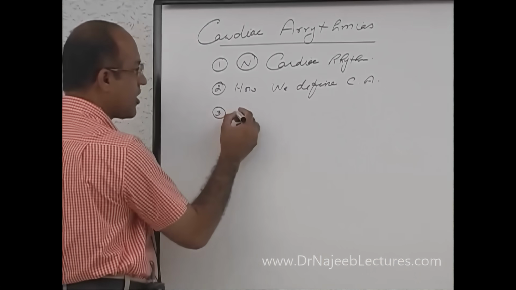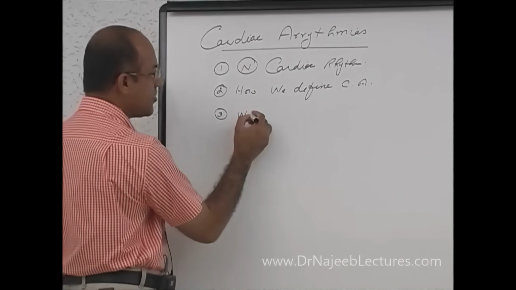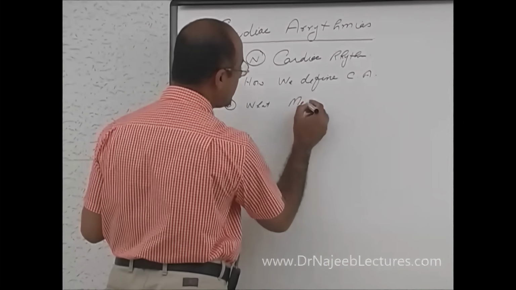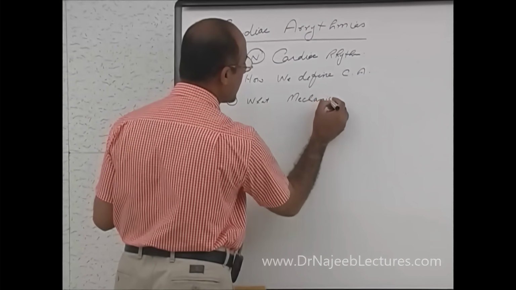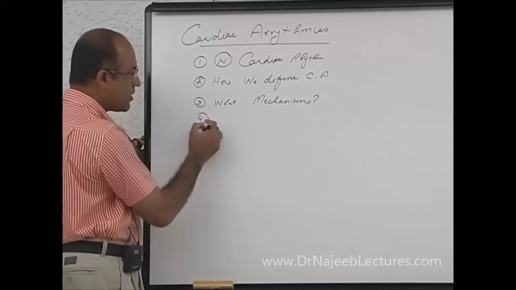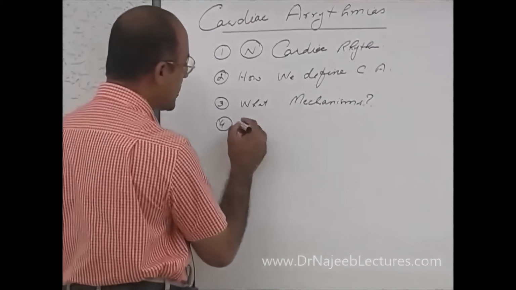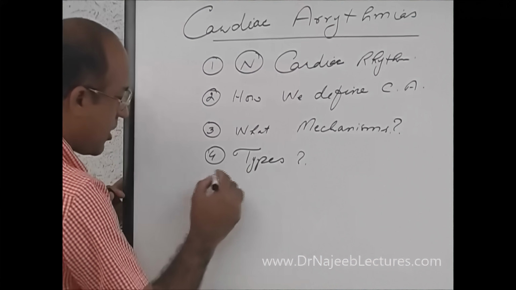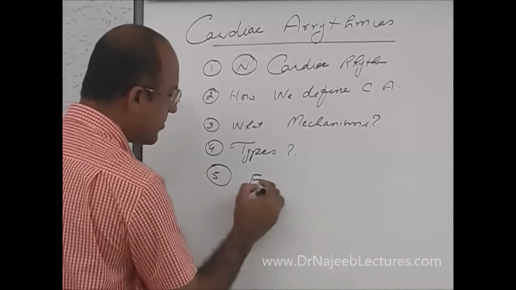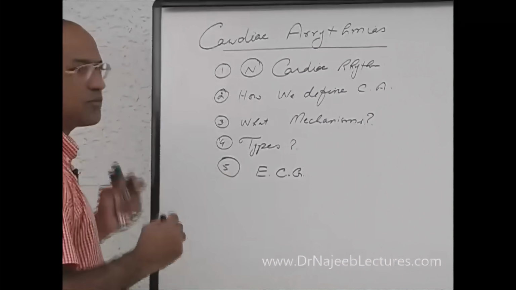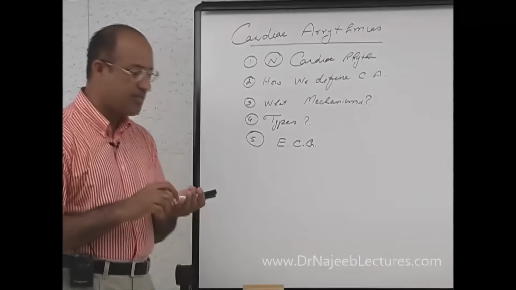Number three, what are the mechanisms of cardiac arrhythmias? And of course, then we will talk about what are the types of cardiac arrhythmias and what is the relationship with ECG. Again, let me repeat what we are going to discuss today.